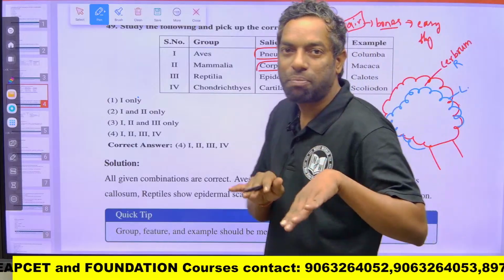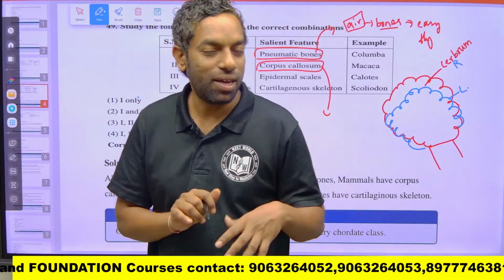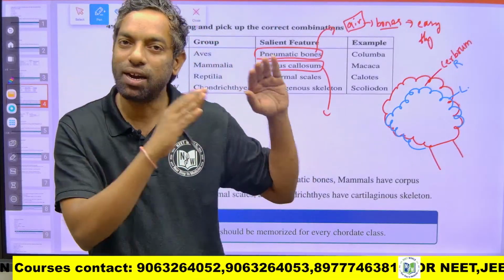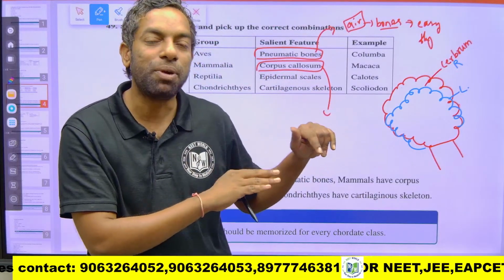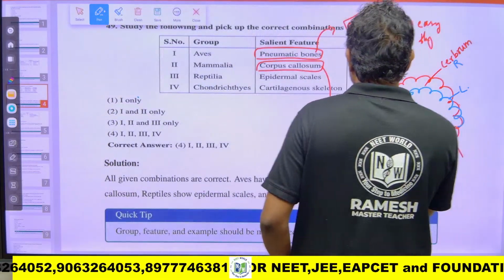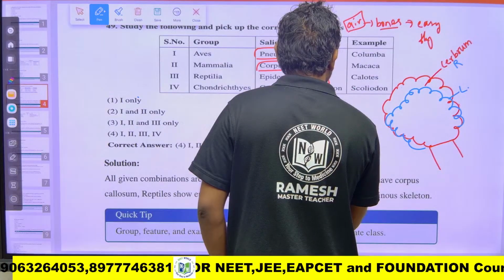The right and left sides of the cerebral hemispheres are connected by a bundle of neurons.